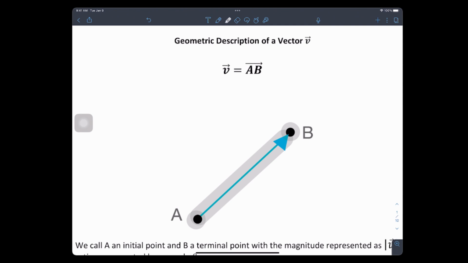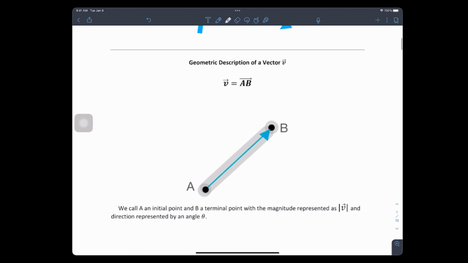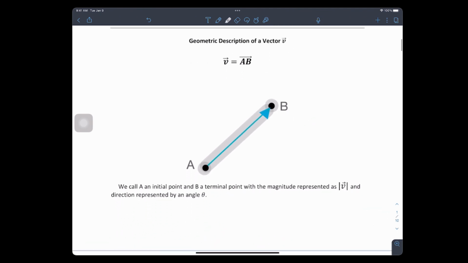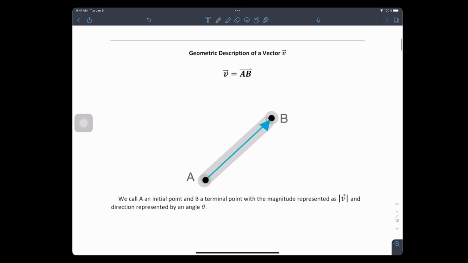Okay? There's no pointed direction for a line segment from geometry. So this is really related to that idea in geometry of a line segment. 2 points A and B. But in geometry, the notation they would use is something like this. Okay? So this is kind of like, that's the notation for a line segment.